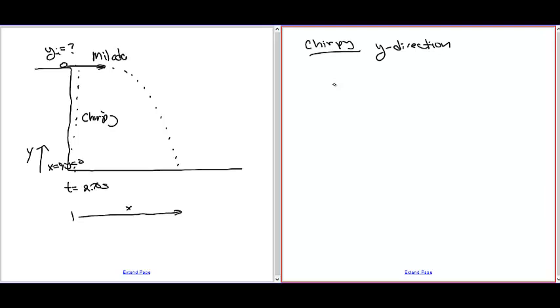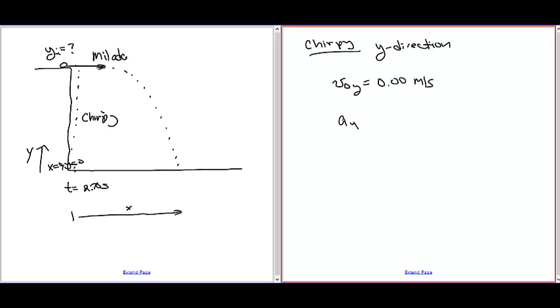So if we do the Chirpy thing here, what we have is that v0y, the initial y velocity for Chirpy, is 0 meters per second.